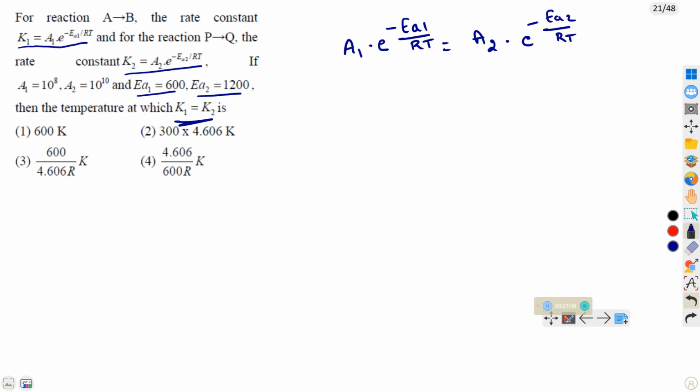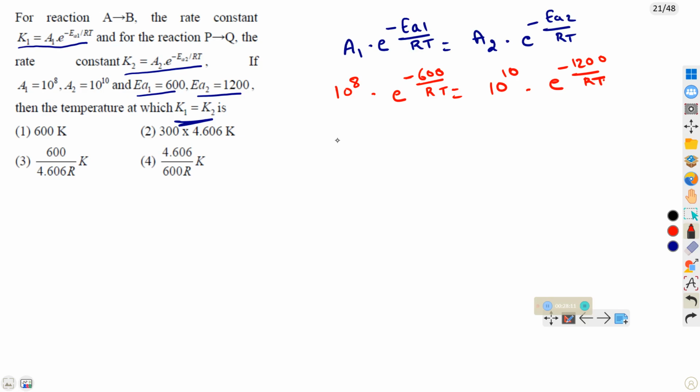Now A1 value is given. A1 value is 10 power 8 into e power minus 600 by RT is equal to 10 power 10 into e power minus 1200 by RT.